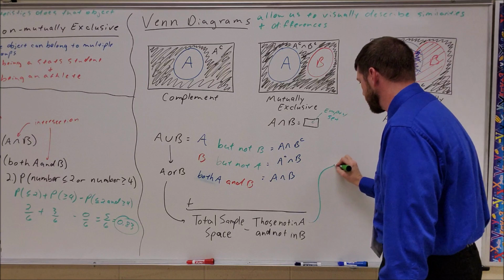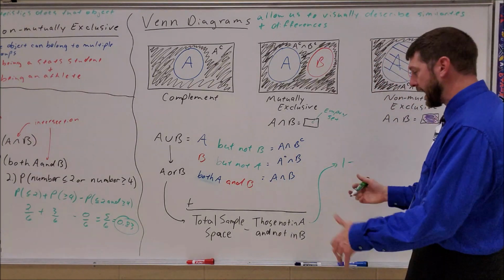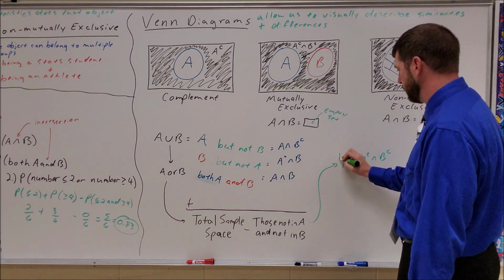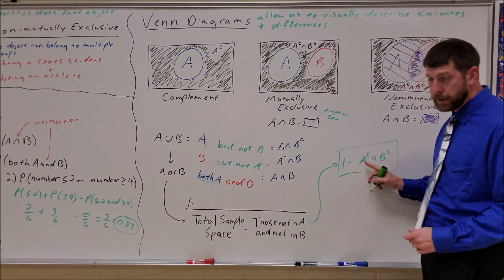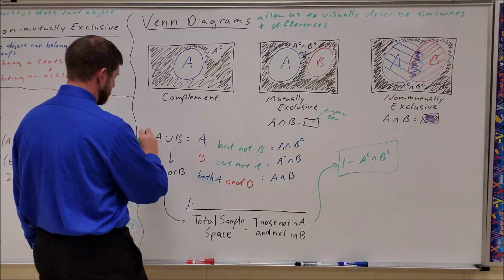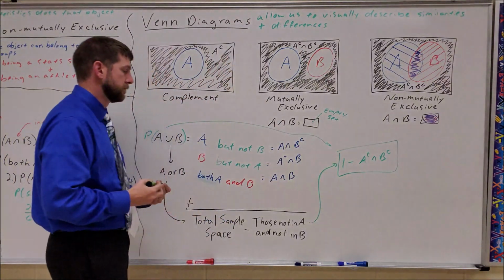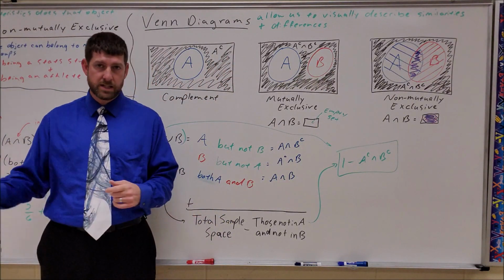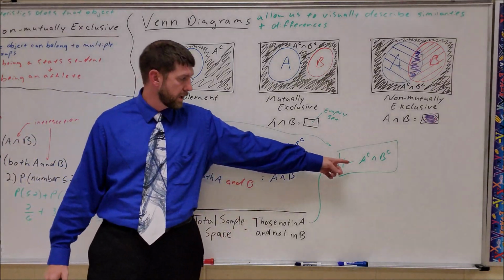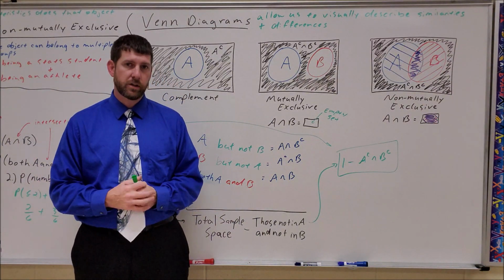So all that is the same thing as saying take 1 minus everything that's not in A and not in B. That is another way that we can calculate the probability of A union B. So we can do it as a general addition rule, we can do it by pieces, or we can just subtract everything that's not there, or everything that we don't want.